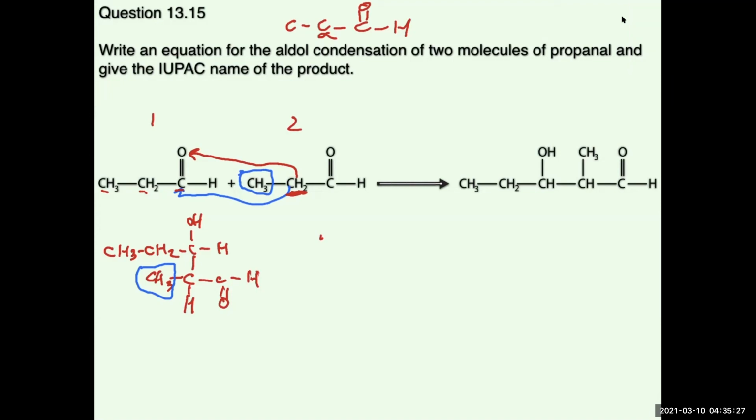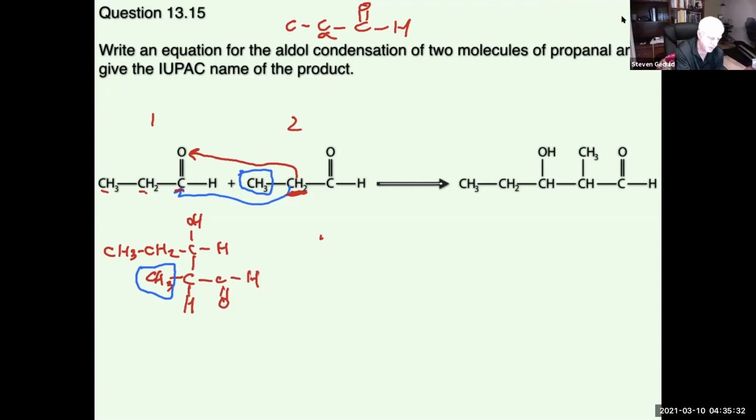Okay. So this carbon here, let's use this. This carbon here is this carbon here. Okay, those green marks, that's the same carbon. Lost hydrogen, and this carbon here, I should use a different color.